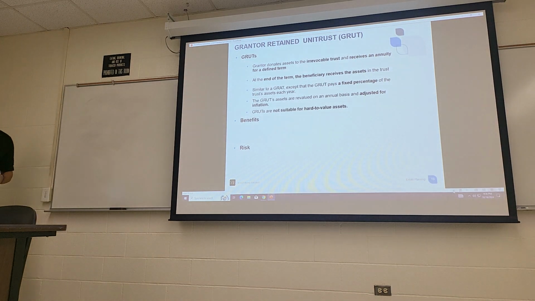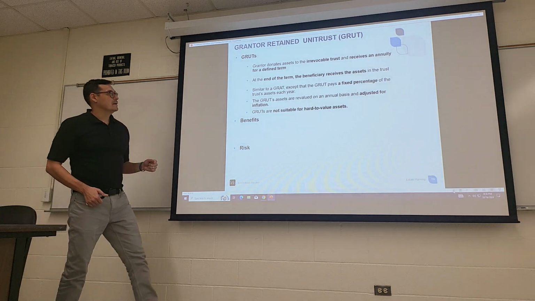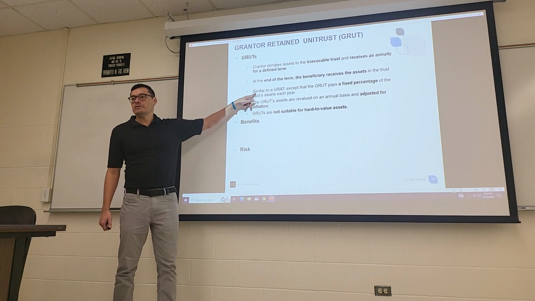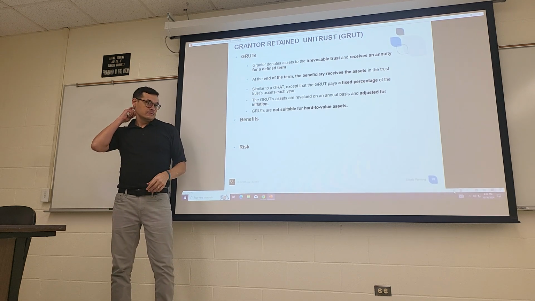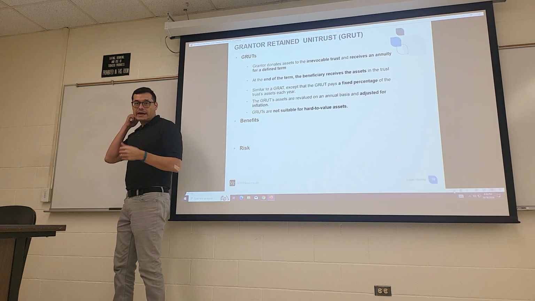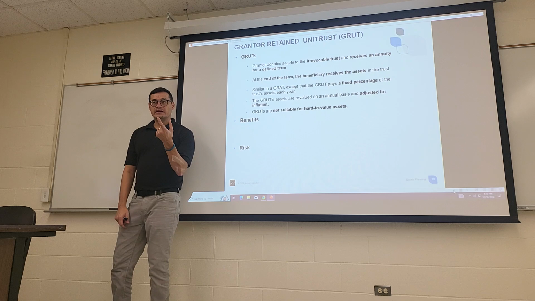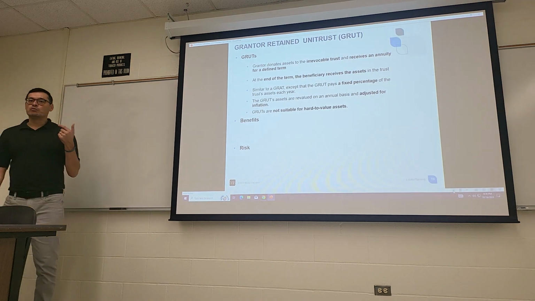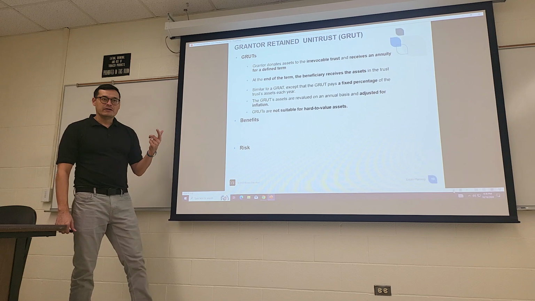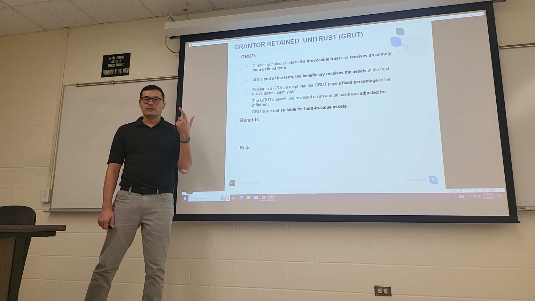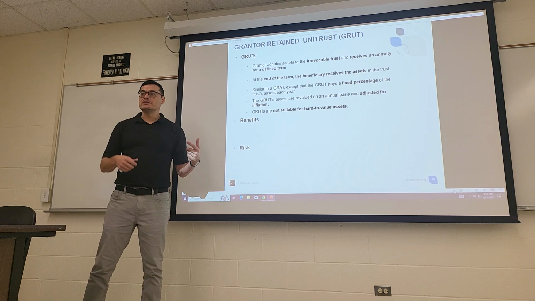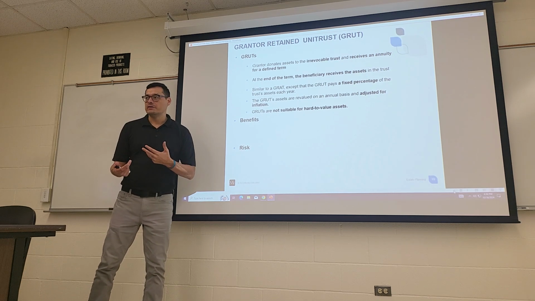But this one pays a fixed percentage of the trust assets per year. There's always, on the last one, sometimes a fraction of a percentage of fair market value. But this one's always re-evaluated every year for the fair market value of the assets. The other ones are not necessarily re-evaluated every year.